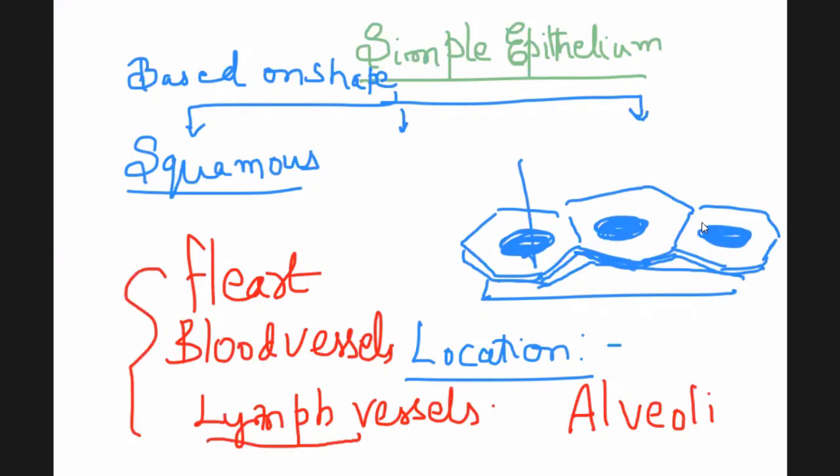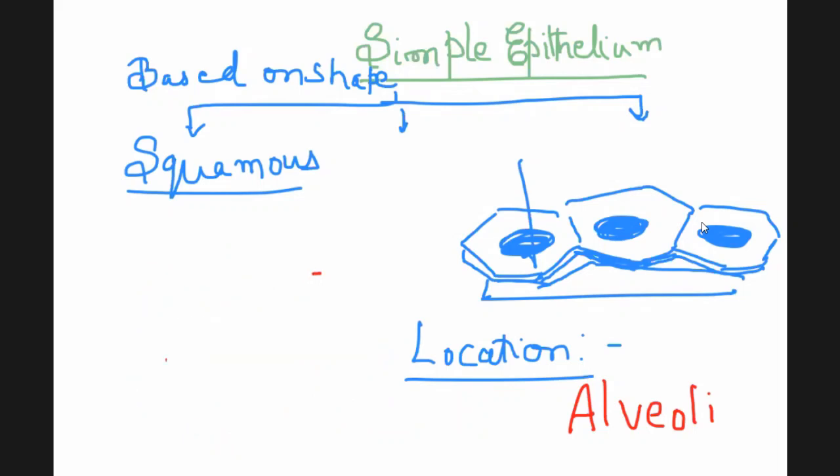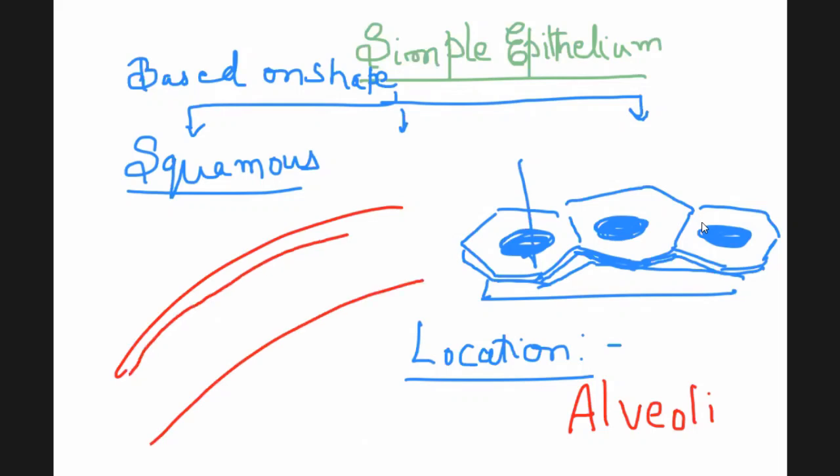Wherever blood or lymph is flowing, the inner surface layers, suppose this is a blood vessel and this is the wall of the blood vessel.